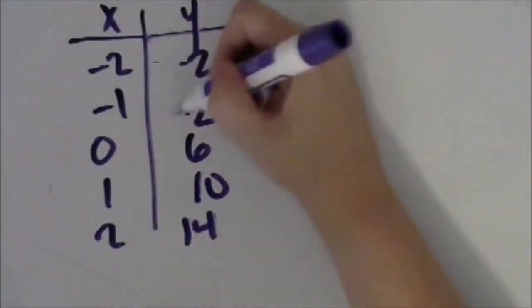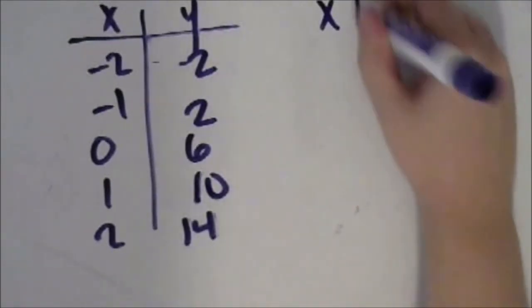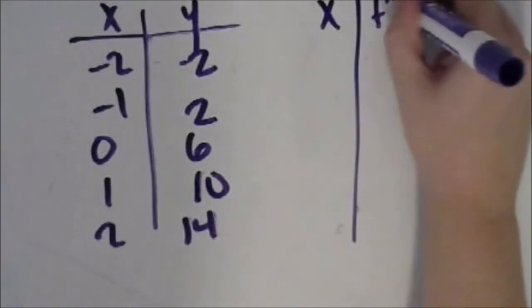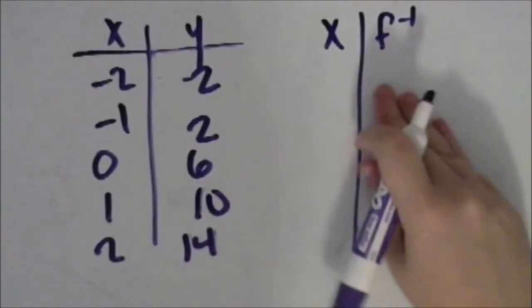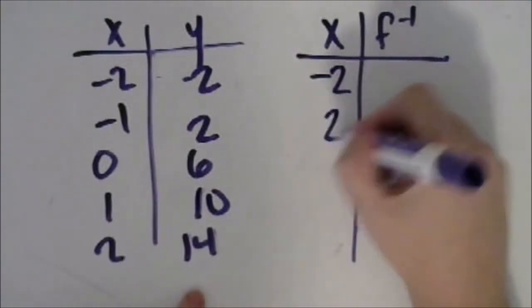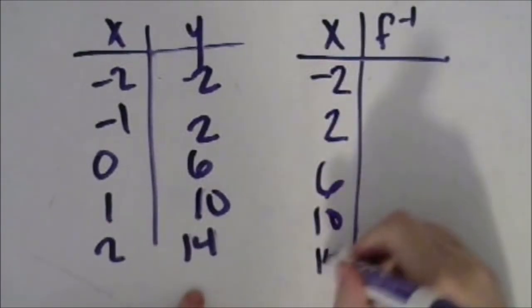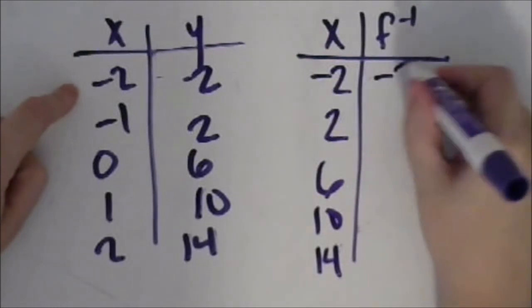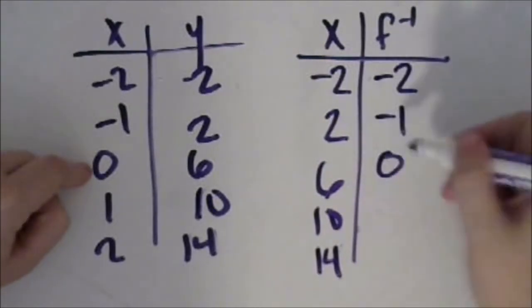Well, the table is a direct correspondence. So what is the inverse function? And I'm going to switch to function notation for my inverse. All of these y's will become the domain, and all of these x's will become the range.